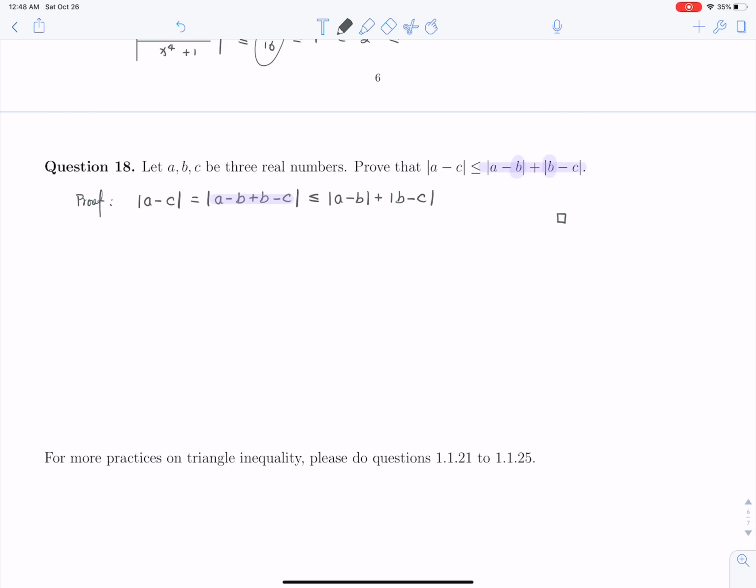Especially for people who are taking 137, you know this technique is really important, especially when you need to show, let's say, the epsilon-delta definition of limit. When you try to prove a limit exists, this technique, you use it all the time. I don't know if you used it before, but it's a really common technique, really useful, really nice.